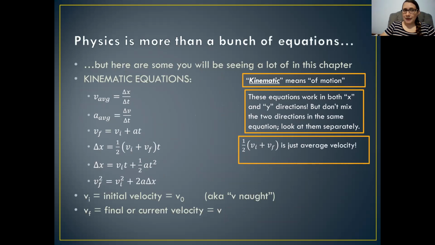If you have paper that you take notes with, I definitely recommend writing down these kinematic equations, if you don't already have them memorized from AP physics or whatever. And I promise physics is more than just a bunch of equations, but these equations are helping us relate concepts together, so they are helpful to us.